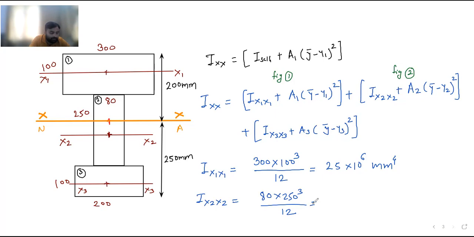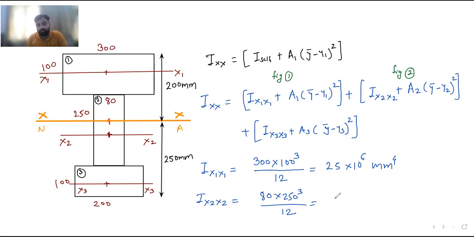Calculate it. It is 104.16 into 10 raised to 6.